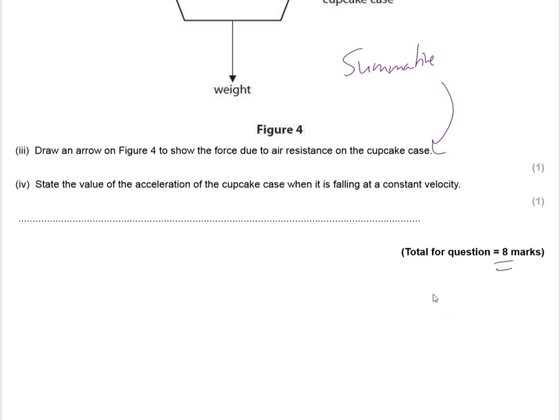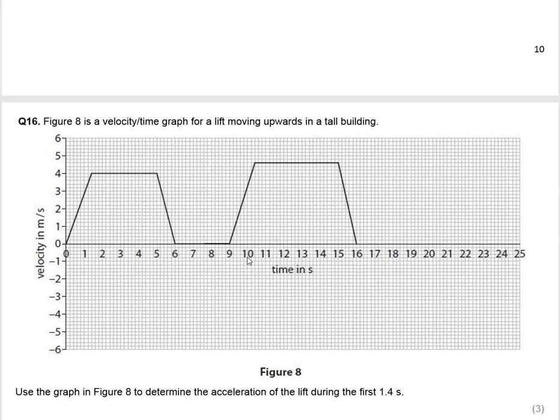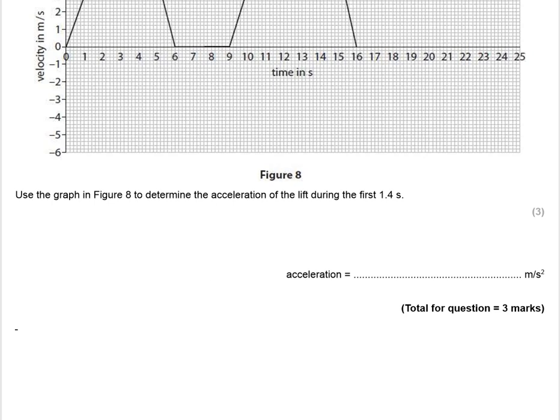If you revise your Summative properly, then you'll be fine. And the last question: was this in your Summative? Let me have a quick check. Okay, no. But we can still get this right. Acceleration is the gradient, which is the change in y over the change in x.